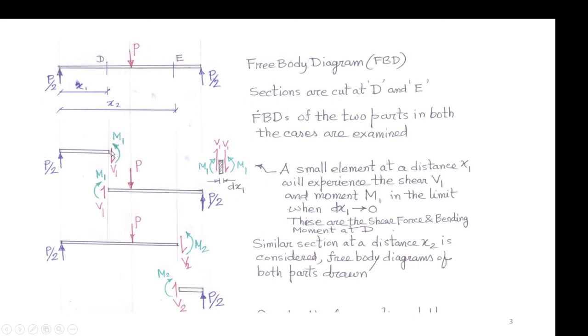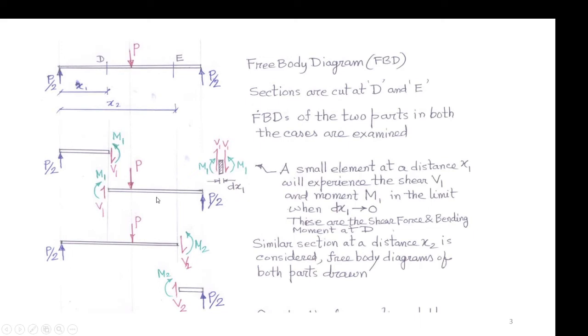And how about moment? Take moment about point D, taking clockwise positive. P by 2 into x1 works clockwise, so the moment equilibrium equation at point D is P by 2 into x1 minus M1 equals 0. So M1 is equal to P by 2 into x1, where x1 can vary from 0 to L by 2.